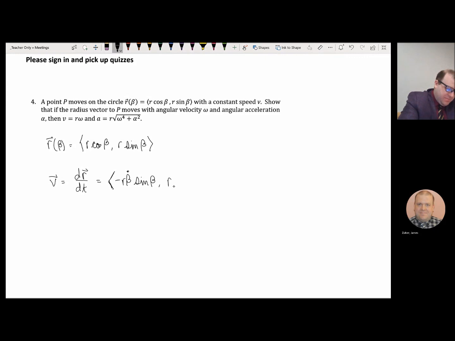Times the derivative of beta cosine beta. Well, what is the derivative of beta? Derivative of the angle is the angular velocity.